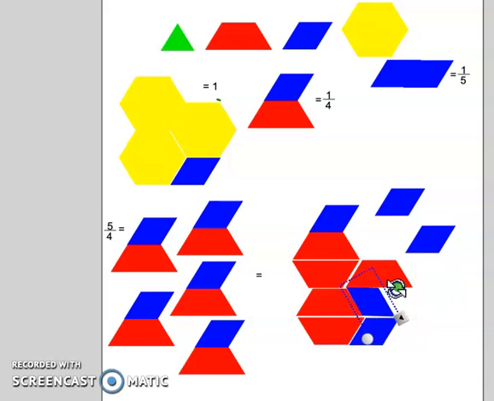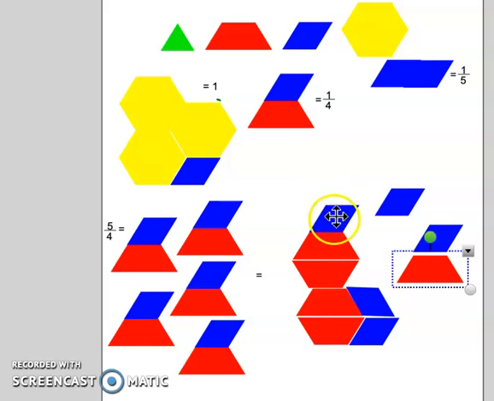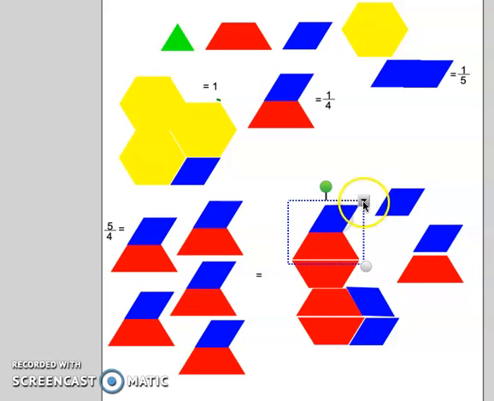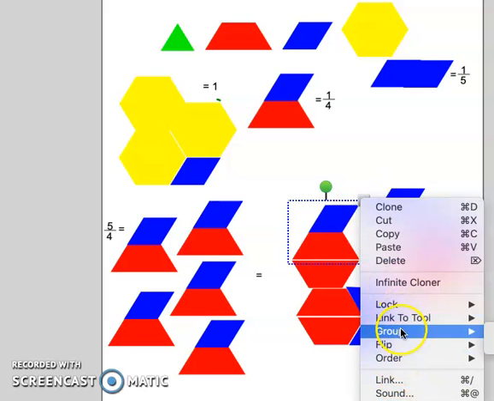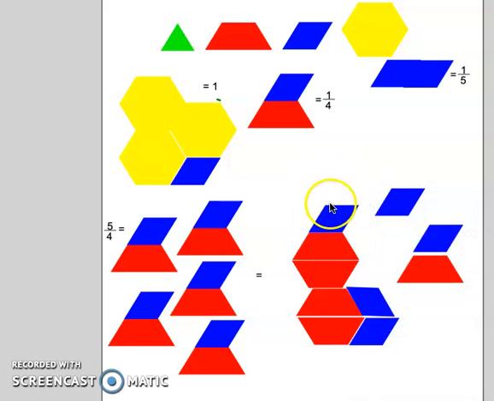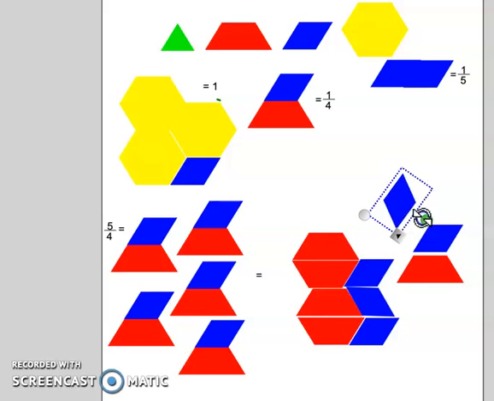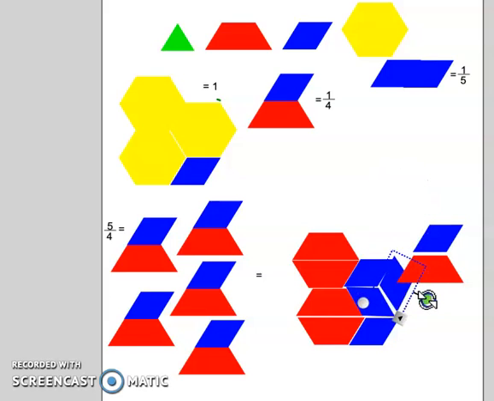But remember, this is not a whole, this is 5/4. So what we see is we have a whole. Let's see. With our 4 red trapezoids and then our 3 blue rhombi.